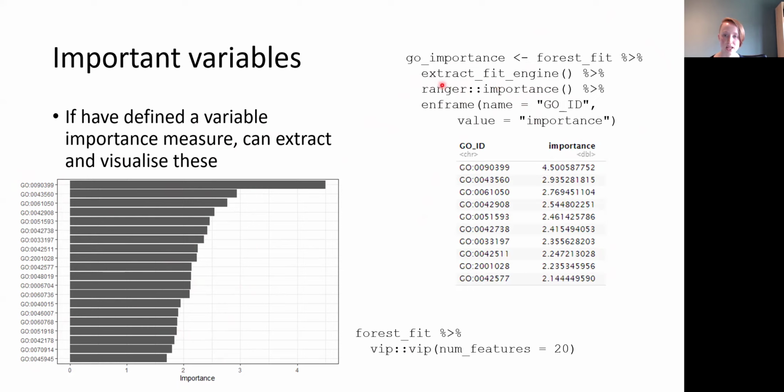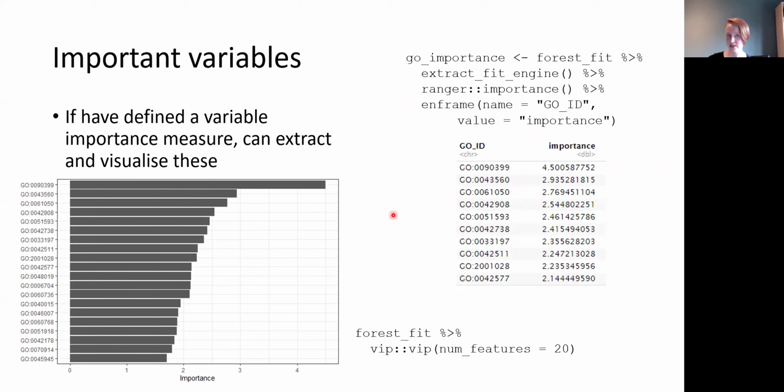So if we use this function here, extract fit engine, then it will extract the model fit that has been produced specifically by the engine, which means that we can then use this ranger function in a format that it expects based on the original ranger model that was built in the background of tidy models. The final part here, enframe, is just essentially changing the data into a nicer format so that we have a nice tibble that we can look at and filter or whatever in the same way as we are used to in the tidyverse.